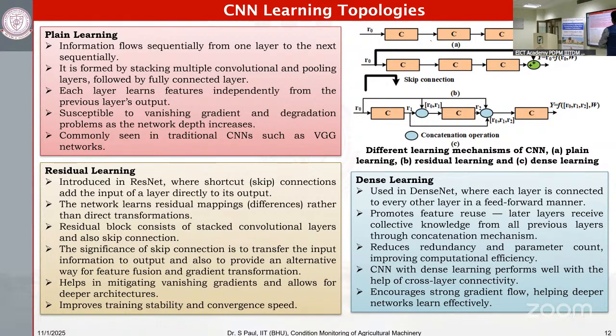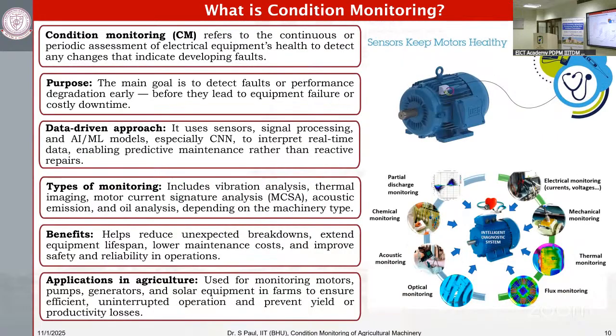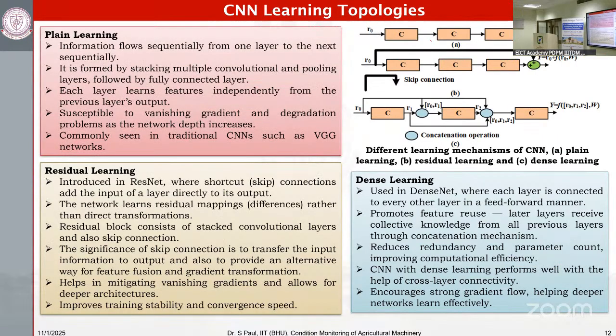Further modification is dense learning, where not after some layers, but after every convolution operation, you take the input data again.